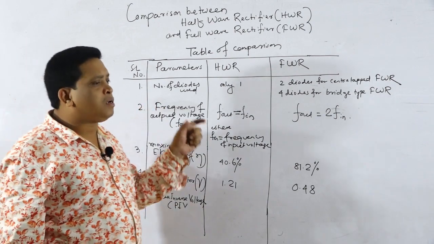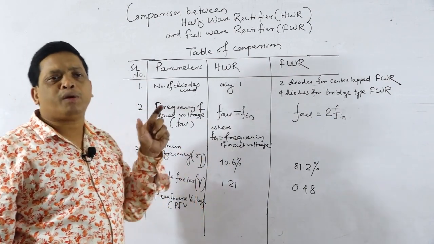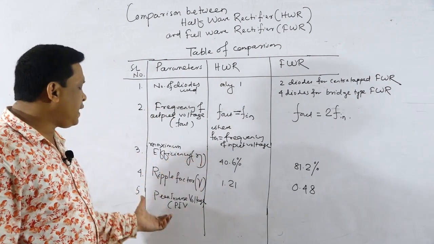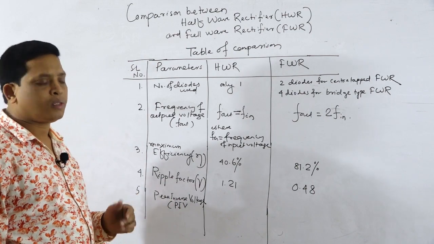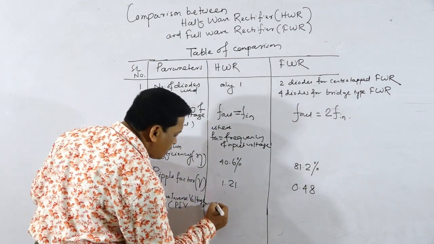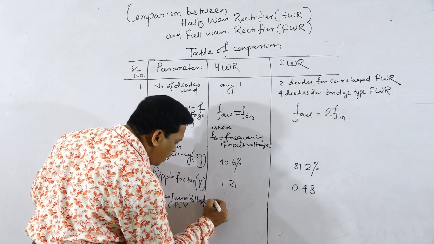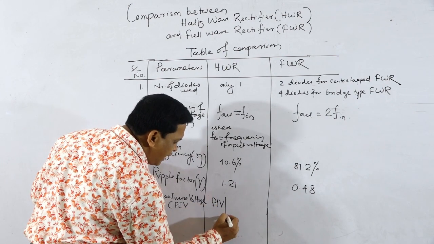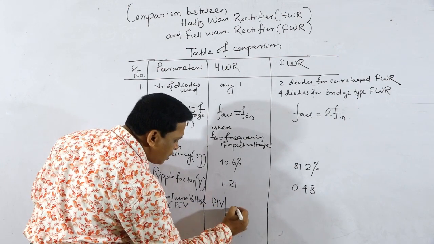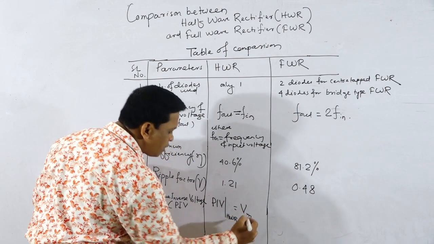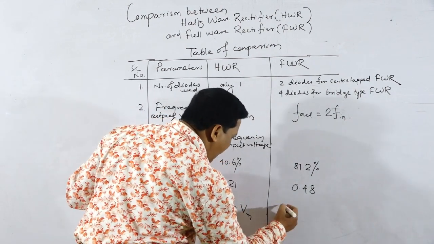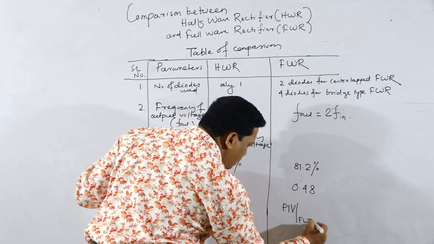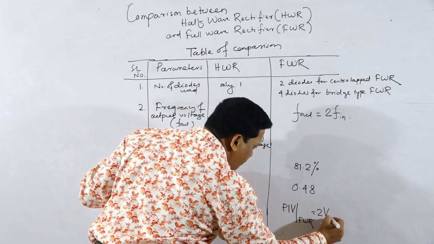So if Vm, here you can write, PIV for half wave rectifier is equal to Vm, and PIV for full wave rectifier is 2Vm.